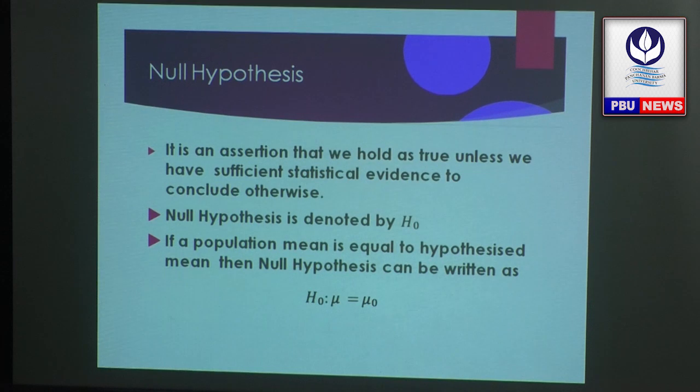The null hypothesis is denoted by H0. If a population mean is equal to the hypothesized mean, then the null hypothesis can be written as mu equals mu 0.